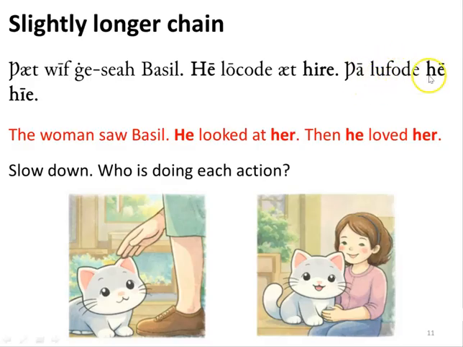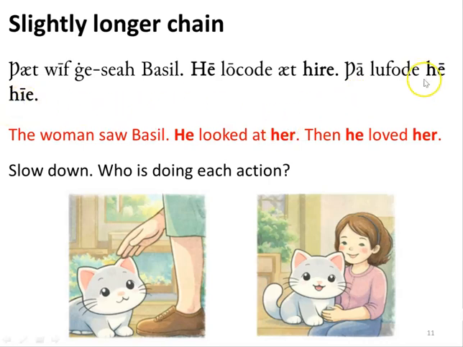Then lovede he here. You can also have, just slightly separate now, probably shouldn't do this, but you can have he here lovede. He, her, loved. You could also have that as a sentence as well, where you stick the two pronominals together, the subject one, Basil, and the recipient, her.